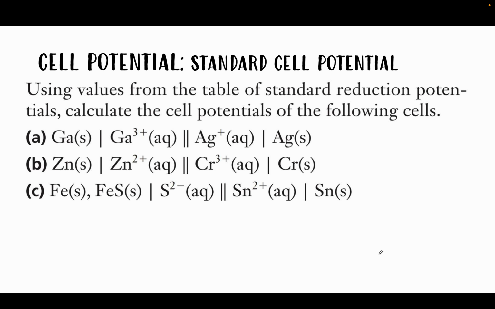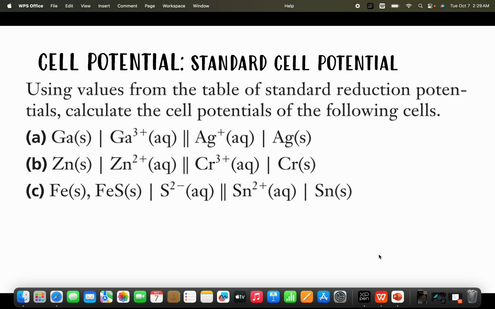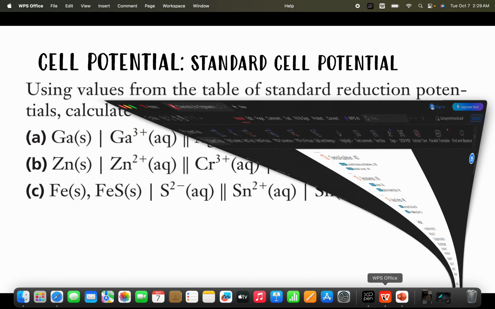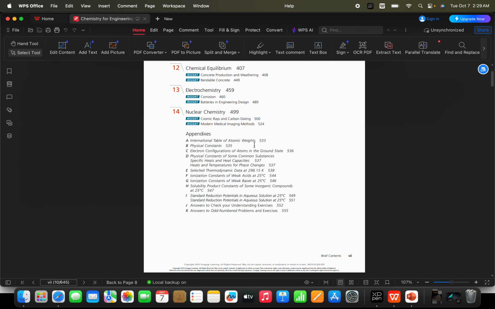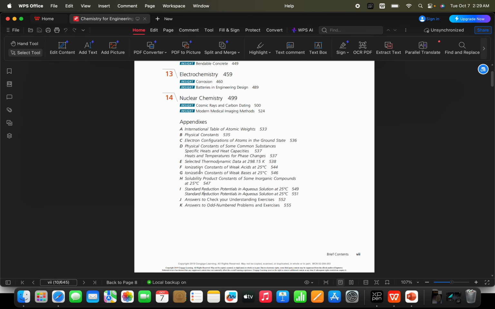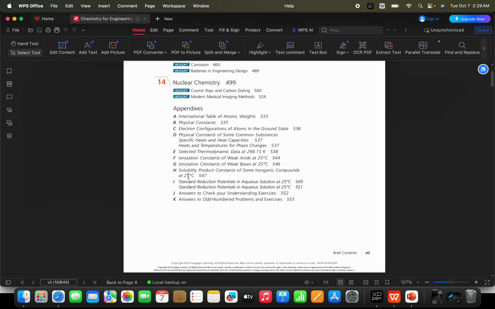Now let's have a short exercise. Using values from the table of standard reduction potentials, calculate the cell potential of the following cells. So where can we find the table? Here we have your reference book, and here we have an appendix, Appendix I, with the standard reduction potentials in aqueous solution at 25 degrees Celsius.